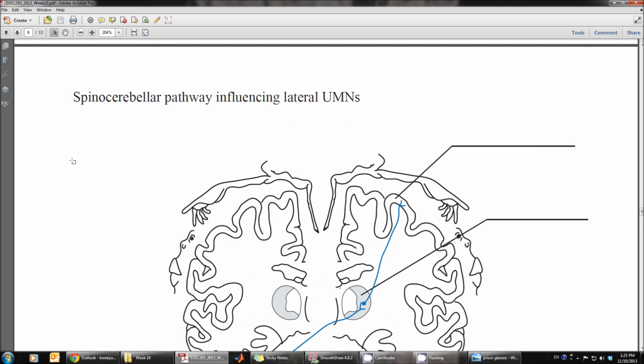So cerebellar pathways have three things in common: the input goes first to the cerebellar cortex, and the next is the deep cerebellar nuclei, and that's the output of the cerebellum.